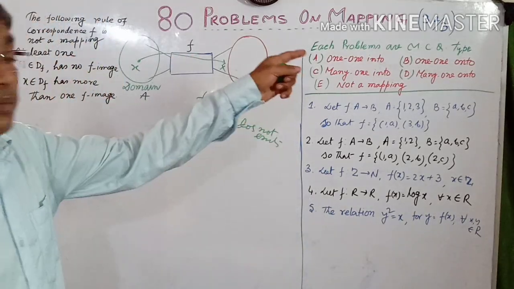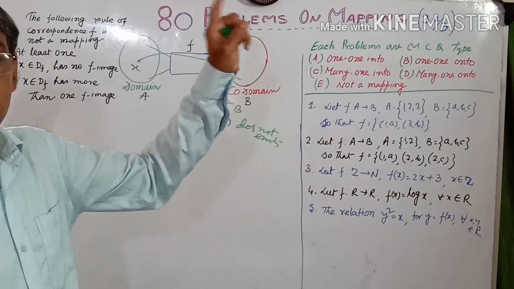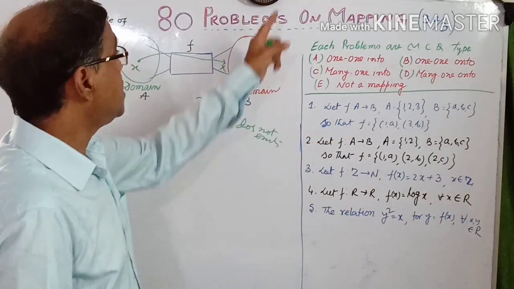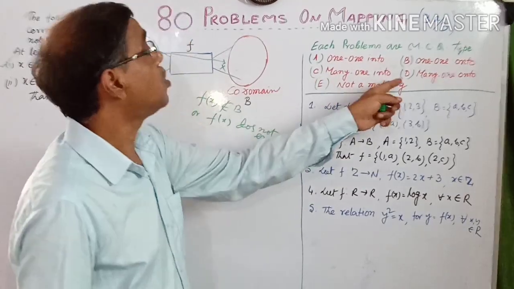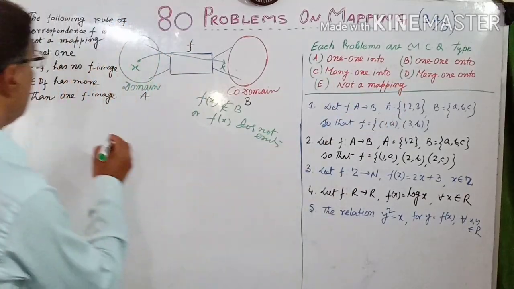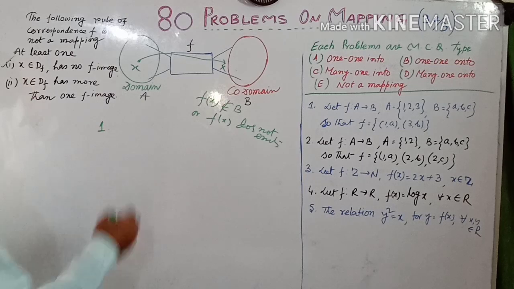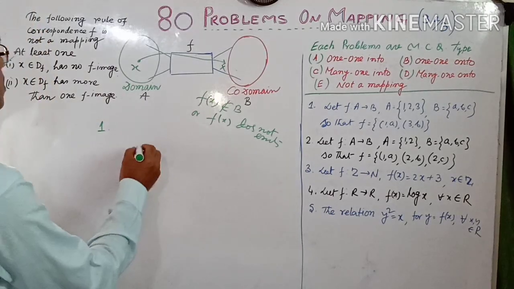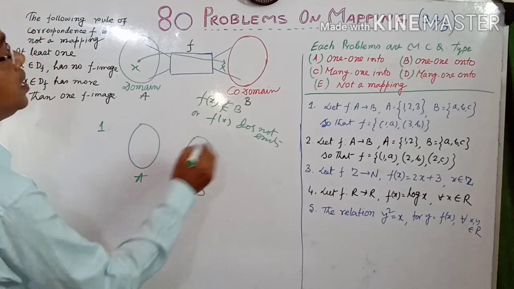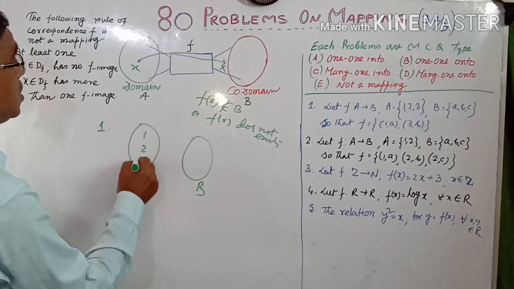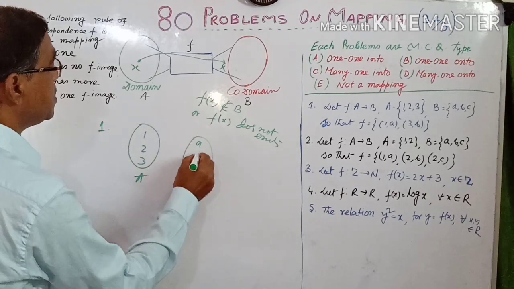So let us come to the problems which are given in my description. 80 problems, each of MCQ type, and the options are given. Now for problem 1, f from A to B, suppose A is {1, 2, 3} and B is {a, b, c}.